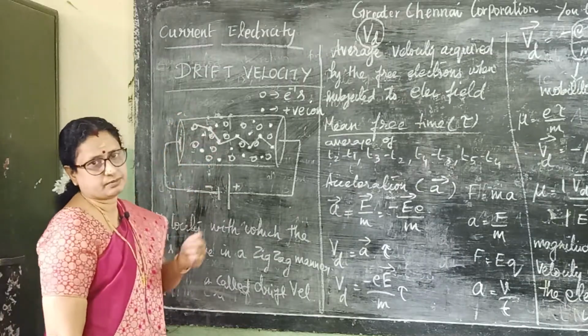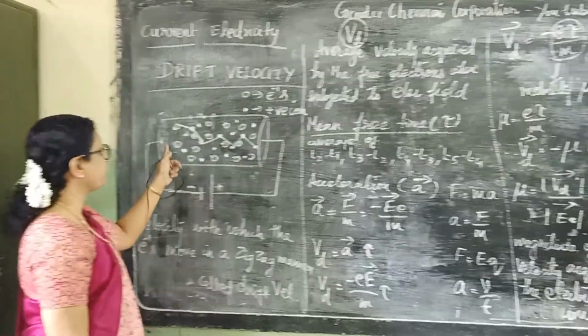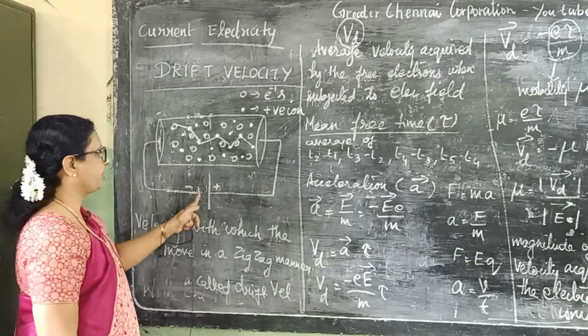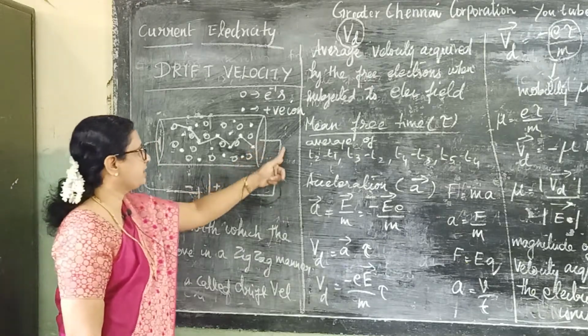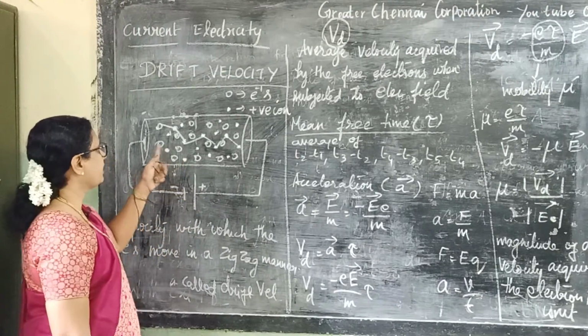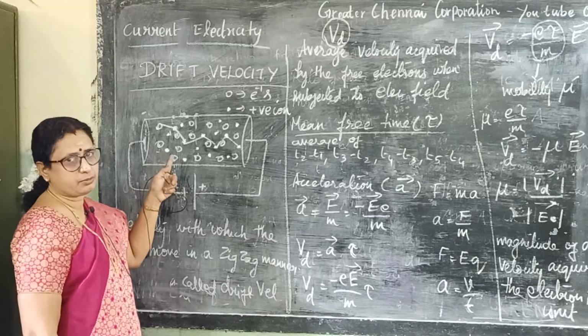Drift velocity. Already we have seen, when you apply an external potential difference to a conductor, this end is connected to the negative terminal of the battery and this end is connected to the positive terminal of the battery. As we all know, the conductor possesses a lot of free electrons which are in random motion.